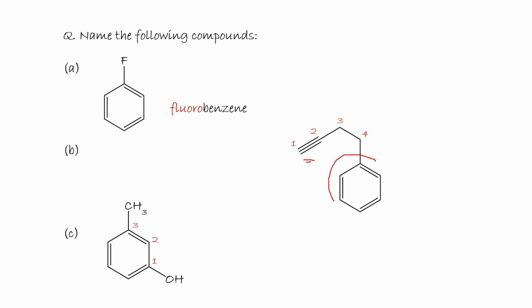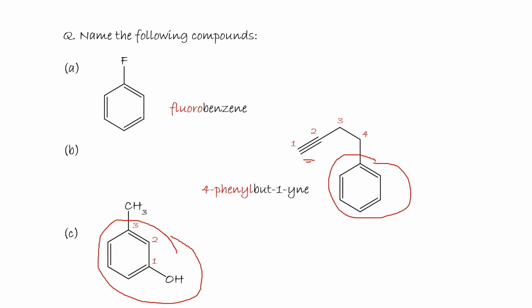On number 4 we have a phenyl group, so this one will be 4-phenylbutene. Here we have phenol as parent, so this will be number 1, and the methyl substituent will be number 3. So this is 3-methylphenol or meta-methylphenol, and the common name m-cresol.